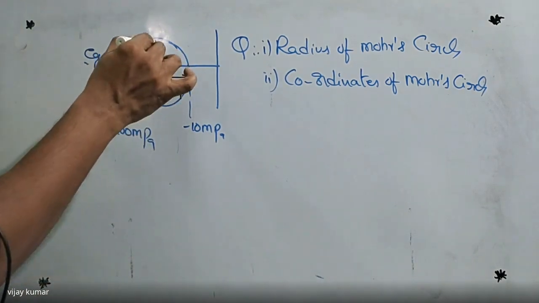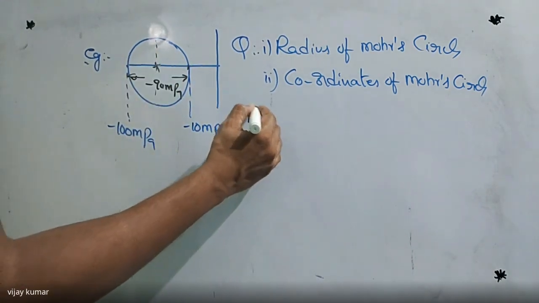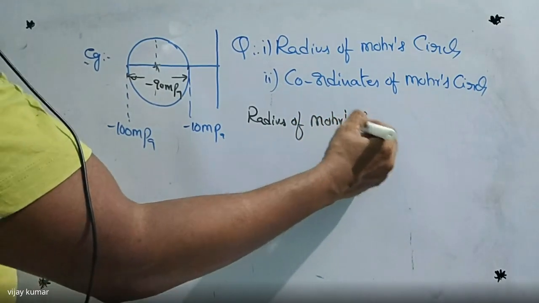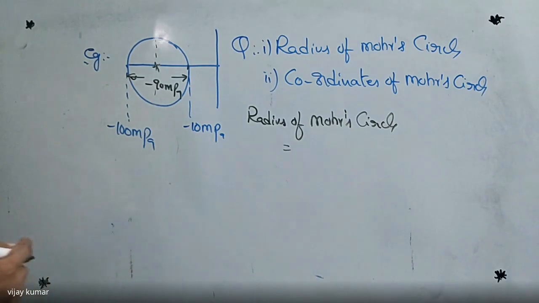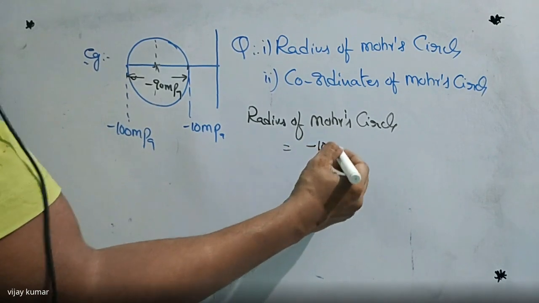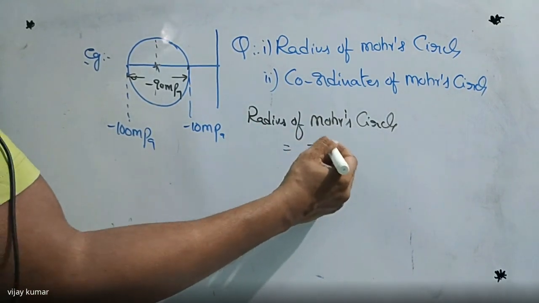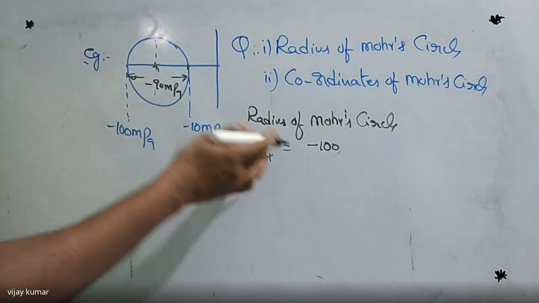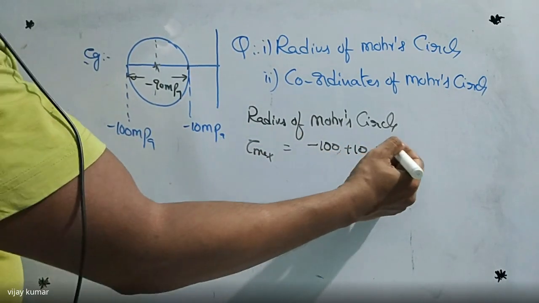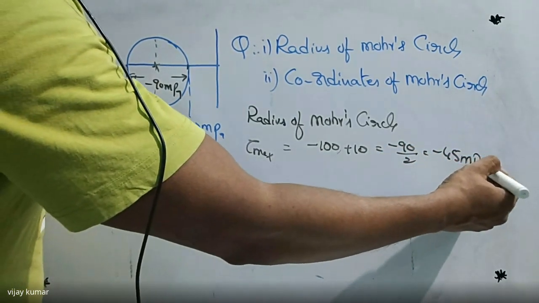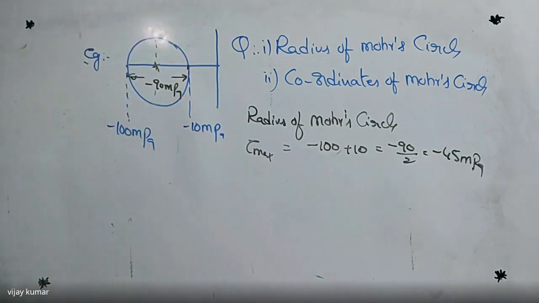So I'm writing here, radius of the Mohr circle is equal to, actually, we know the formula, tau maximum is equal to minus 100 minus minus 10, which gives minus 90, divided by 2, then we get minus 45 megapascals from this circle. Did you get my point? All of you got it?